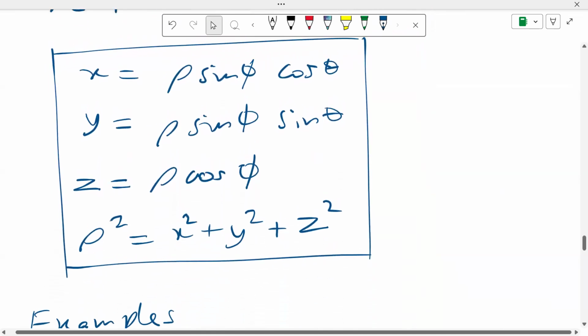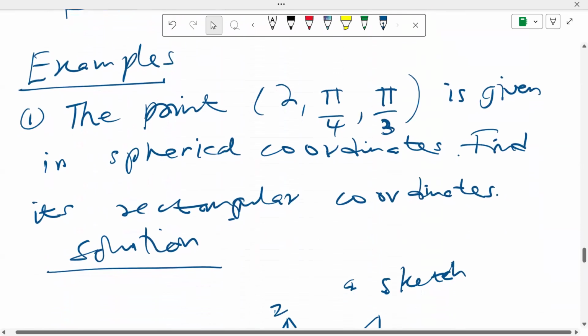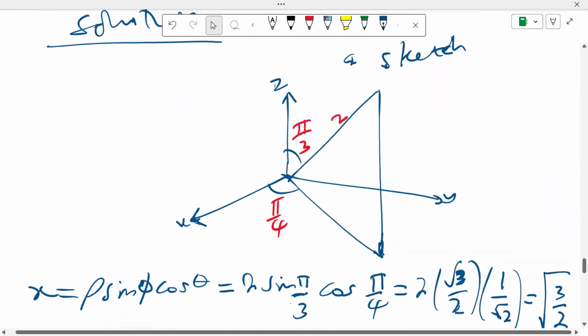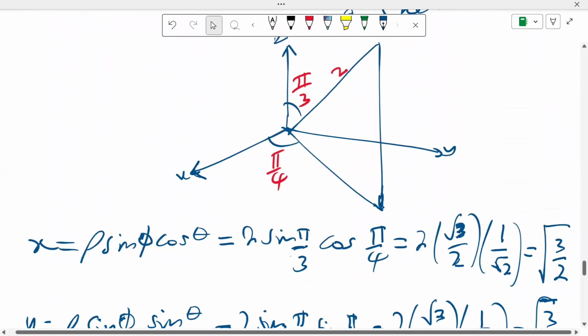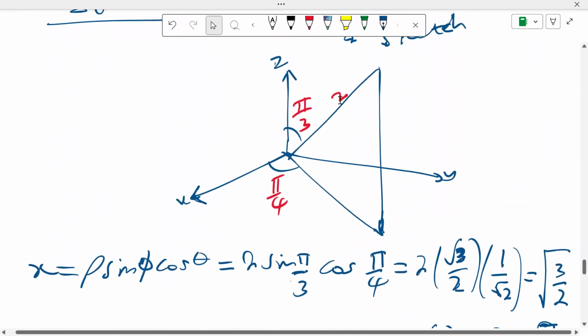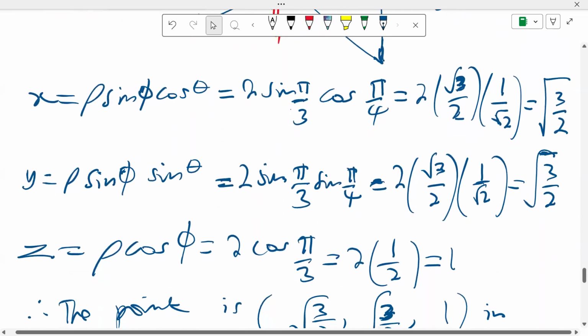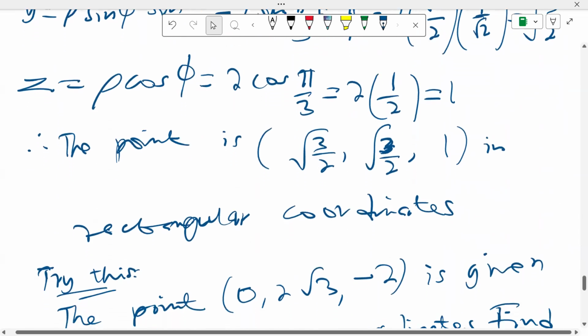Then we look at this concept, very important for our spherical coordinates, and then the example I've just explained. This is a sketch. Remember our rho is 2, so that's why I have the 2 over here. So the point gives us this in rectangular coordinates.